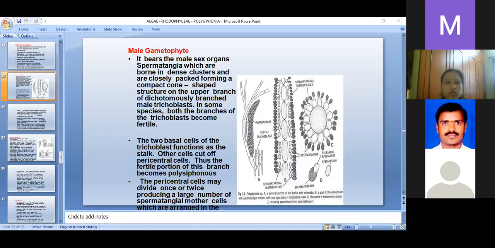The outer layer is the pericarp, and the opening of the pericarp apex is the ostiole.